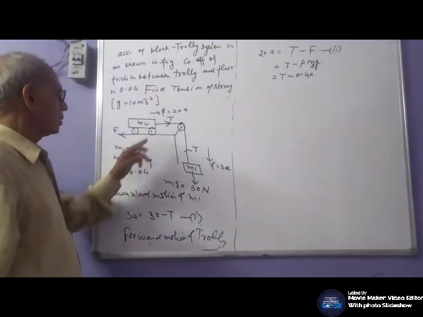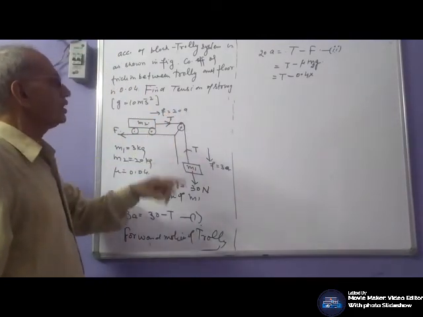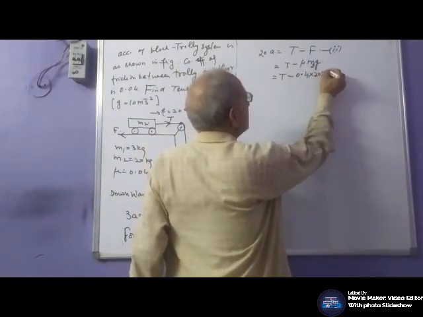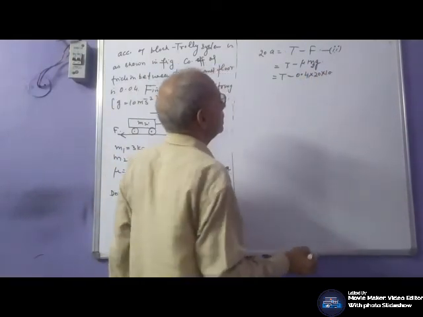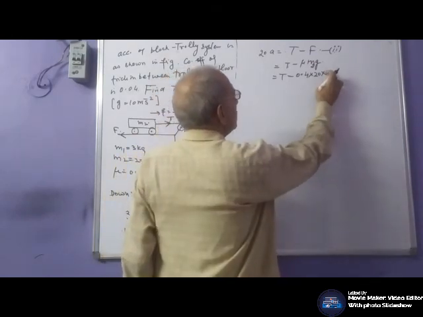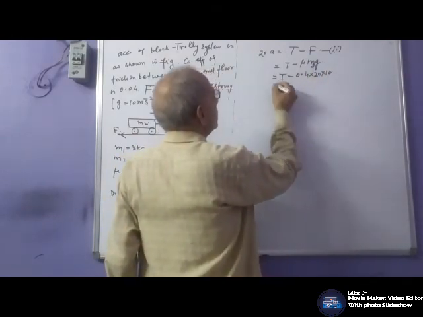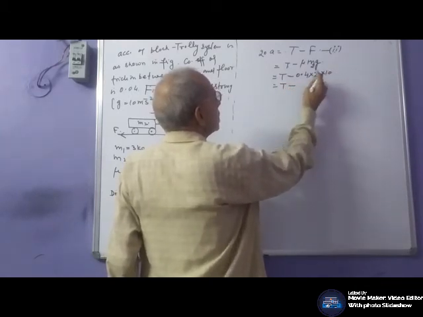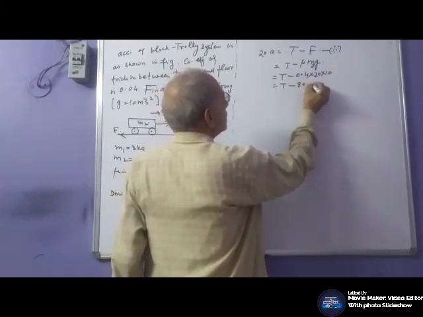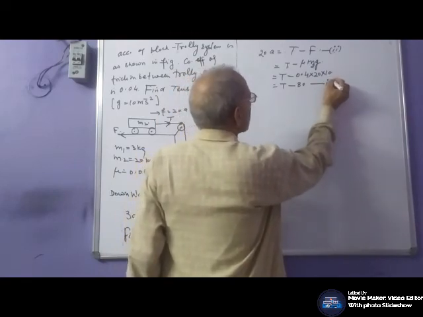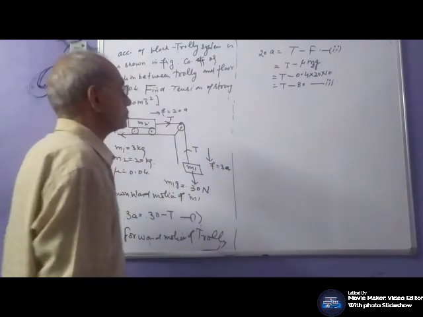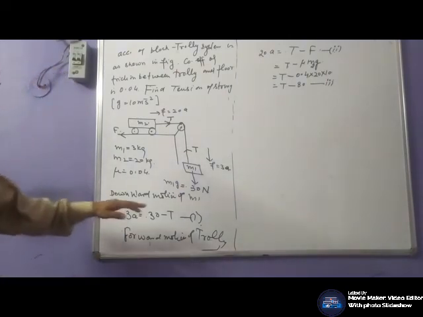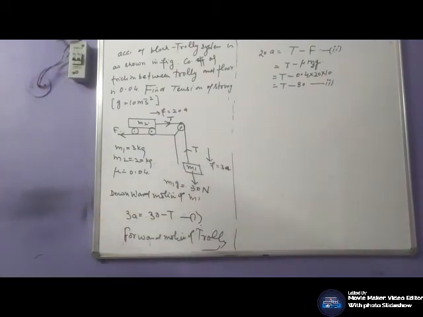M2 is 20, so M2 a is 20A. g is 10. It is T minus 8, equation 3. Find the acceleration first, then we find the tension.